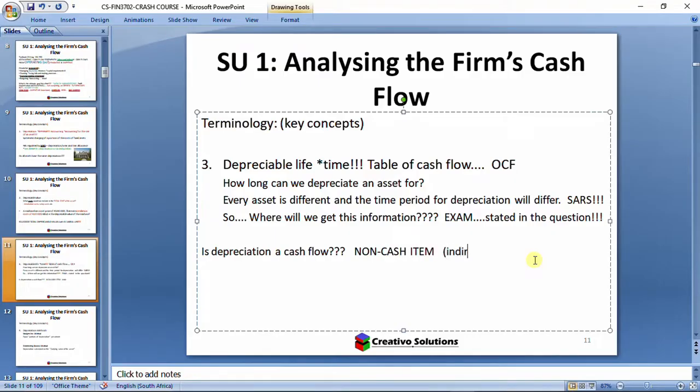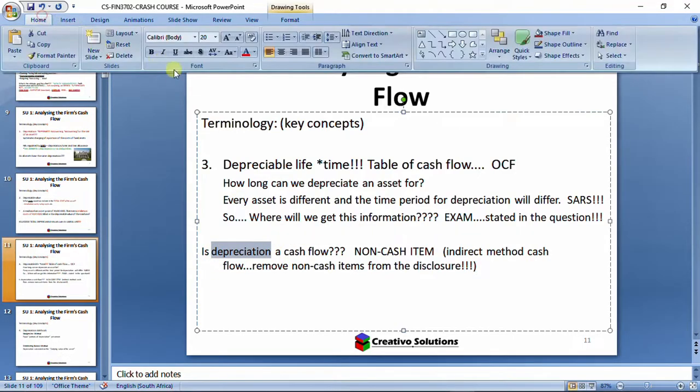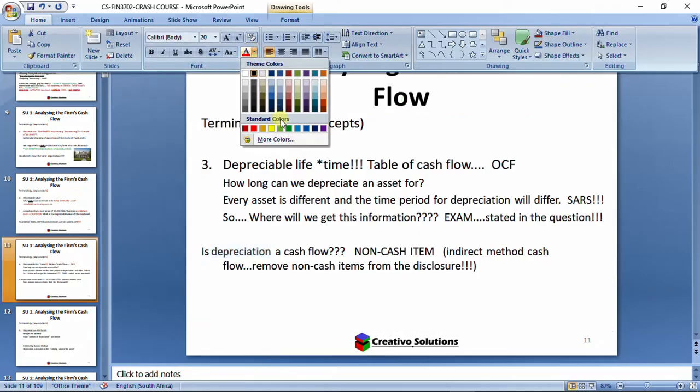In an indirect method cash flow statement, you would remove non-cash items from the disclosure. So depreciation isn't a cash flow on its own.